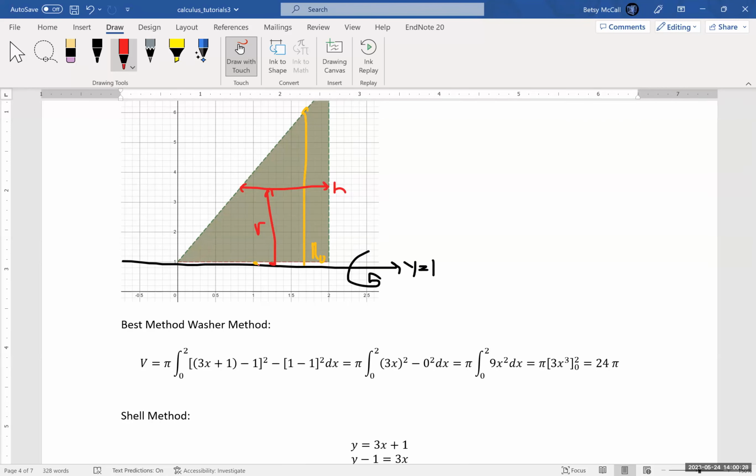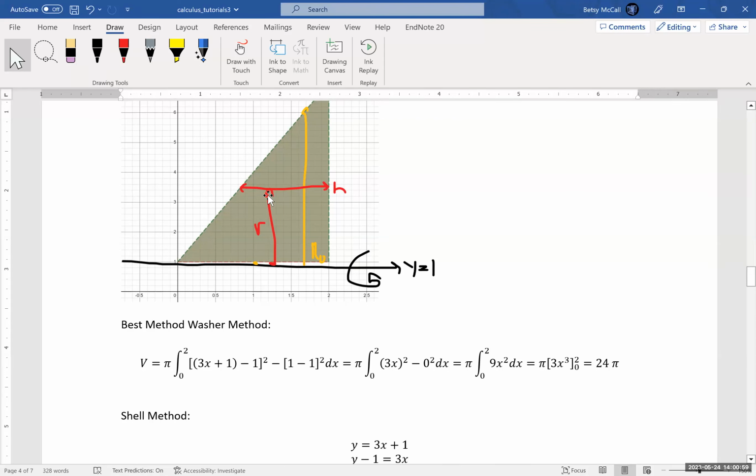So this old radius was y, but we're not going all the way to y, we're only going to y equals 1. So the radius is now just y minus 1. Because if I'm rotating around y equals 1, and a point is at, say, y equals 4, then my radius is only 3, because I'm only going from 4 to 1, not from 4 to 0. So y minus 1 becomes my radius.